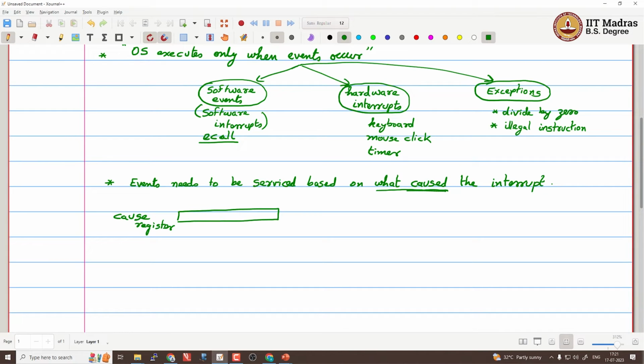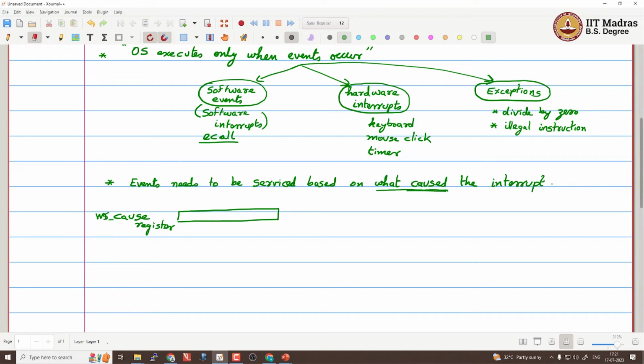Depending on whether the interrupt occurred while the processor was in the supervisor mode, the corresponding register is called the SCAUSE. If the interrupt or event occurred while the processor was in machine mode, then the cause register is called the MCAUSE register, right?